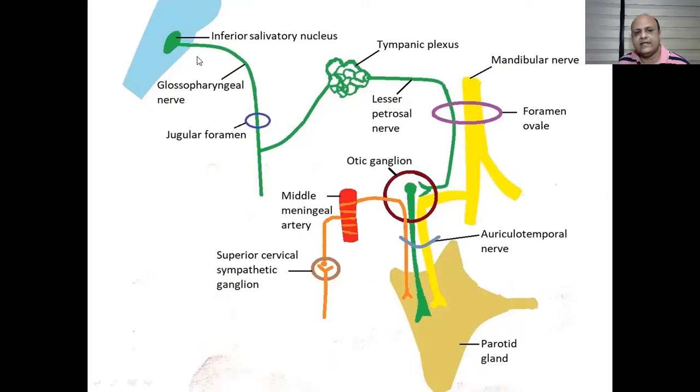There's a pathway there, and you can make out how the ninth nerve is giving preganglionic fibers which enter the Otic ganglion, and how from the Otic ganglion the postganglionic fibers are arising to supply the parotid gland, so that the parotid gland is able to secrete its secretions. So this was about the otic ganglion.